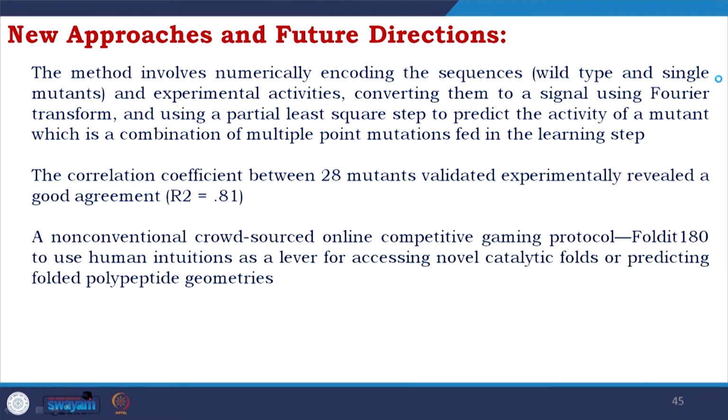The non-conventional crowd-sourced online competitive gaming protocol Foldit uses human intuition as a lever for accessing novel catalytic folds or predicting folded polypeptide geometry. So, I talked about this Foldit, which is a part now of Rosetta Commons, basically an initiative initially taken by Vijay Pande, but now they have joined hands with David Baker.